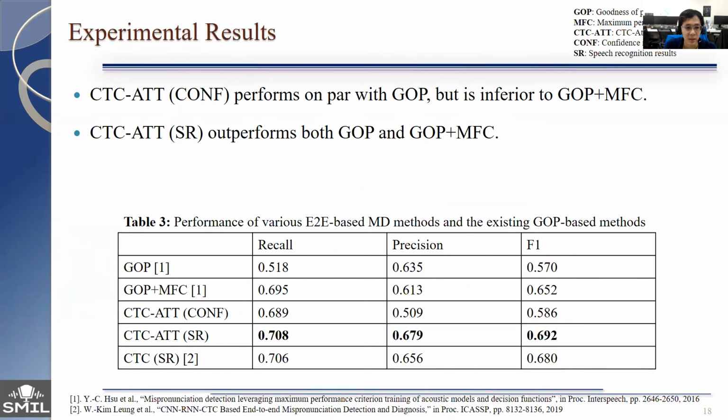At the outset, we evaluated the performance of two variants of our baseline MD system built on top of the hybrid CTC-Attention model, in comparison to the celebrated GOP-based method, as well as its extension that leverages the MFC criteria, denoted by GOP-MFC, as can be seen from Table 3.